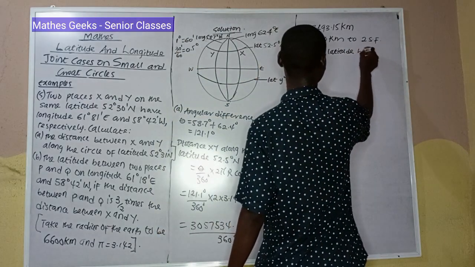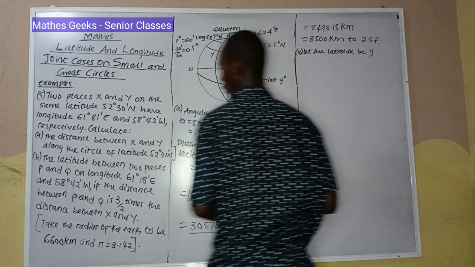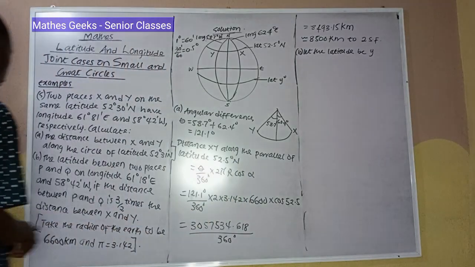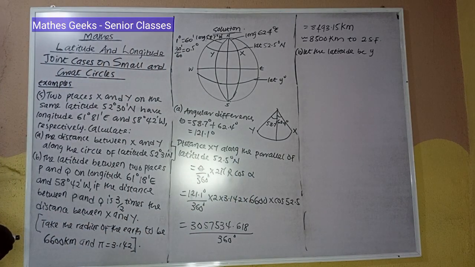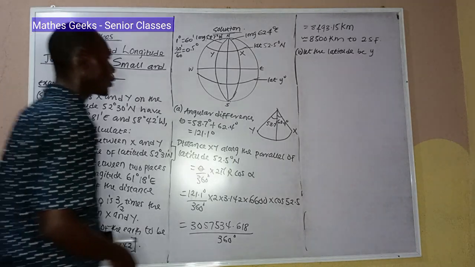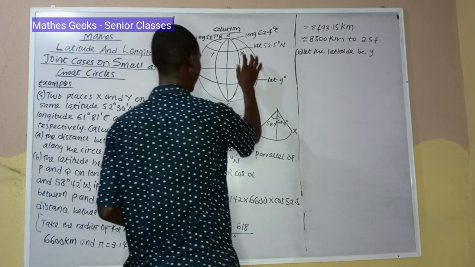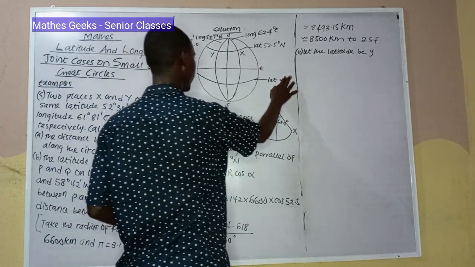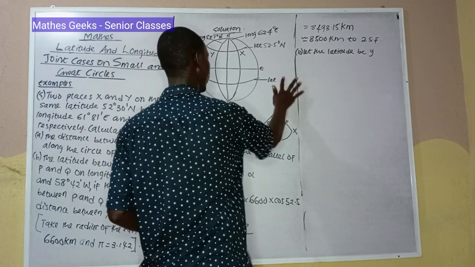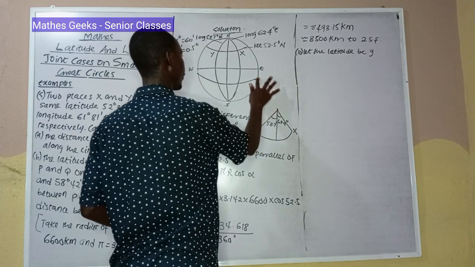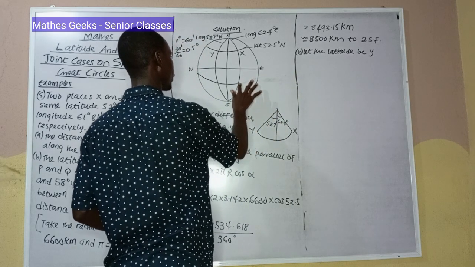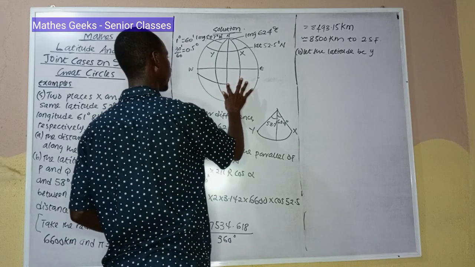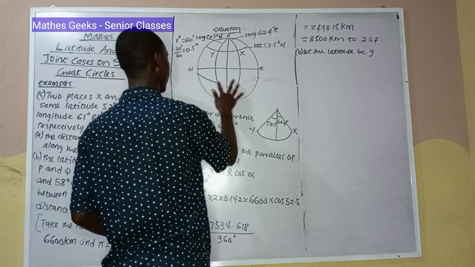I wouldn't say the latitude is on the south or the north. We don't know, so it's not really good for me to draw the diagram here, because the question did not indicate whether the latitude is on the northern hemisphere or southern hemisphere.